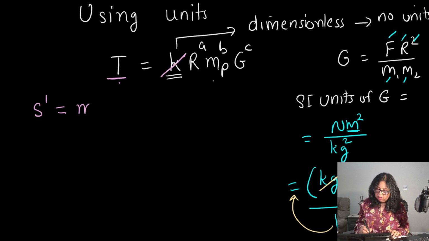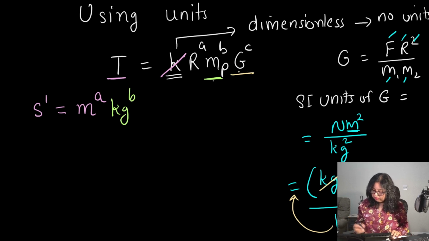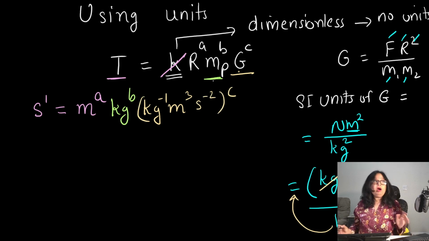R, meters to the power A. MP, kilograms to the power B. G, we said it is kilograms minus 1, meters cubed, seconds minus 2, to the power C. Our goal is still the same: figure out the values for A, B, and C.